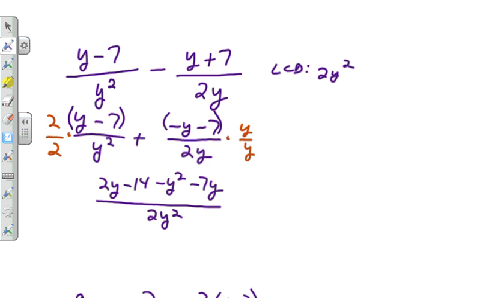You're going to have negative y squared minus 5y minus 14, and there are no common factors there, so that one's finished.